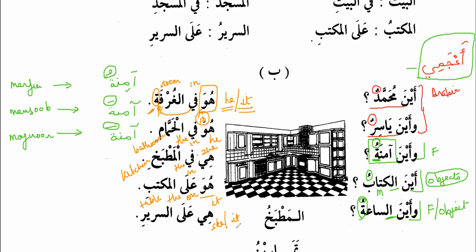If it is a feminine thing like sa'a, aina sa'a, this is feminine because of the ta marbuta. What is sa'a? It means a watch. Sa'a can be watch or it can be hour. Both meanings are for sa'a.